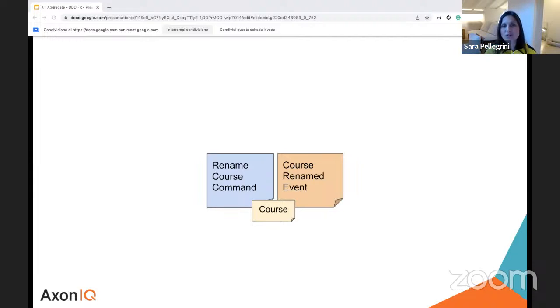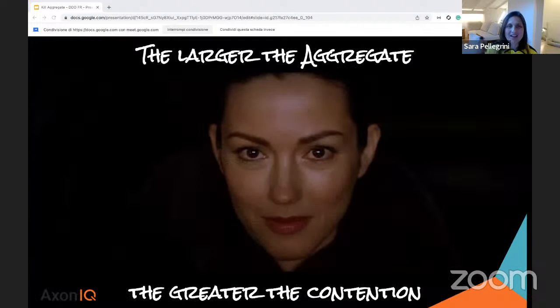So let me introduce the third villain of our story. The larger the aggregate, the greater the contention. The natural attitude to identify aggregates in business concepts that are part of our mental model can lead to an expansion of the boundaries of the aggregate that sometimes is not necessary.